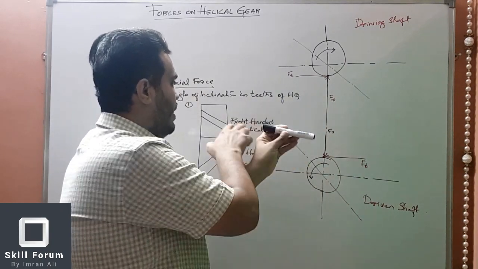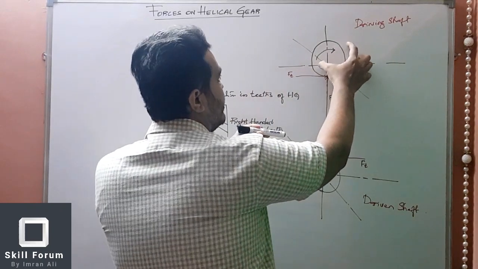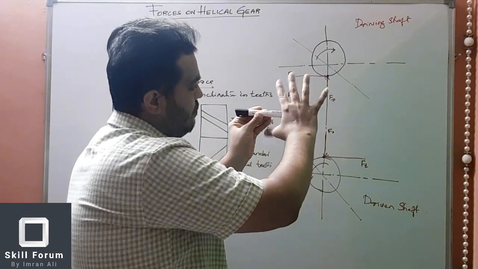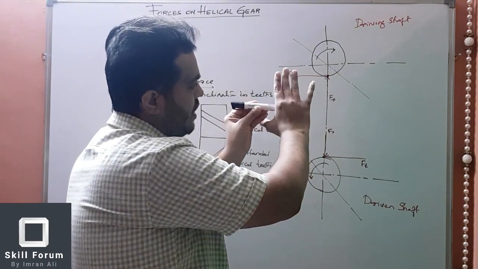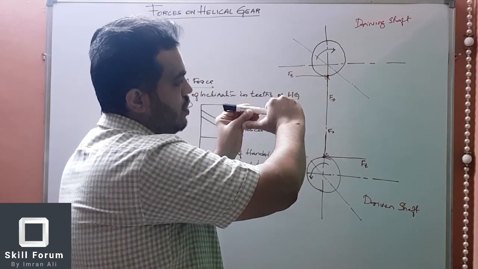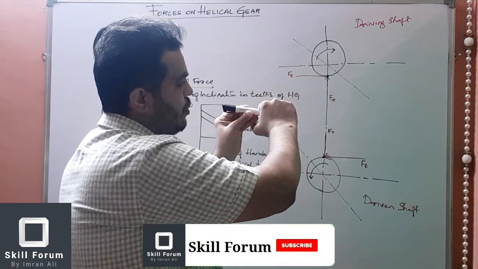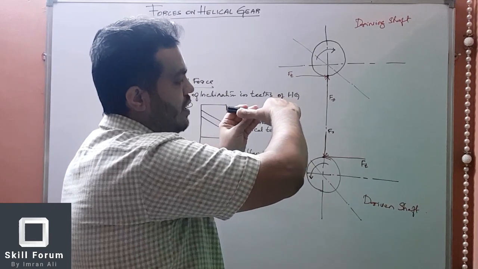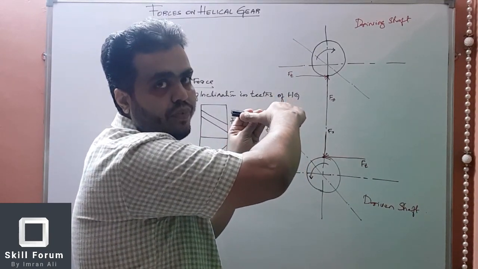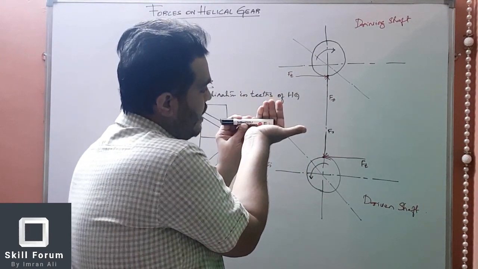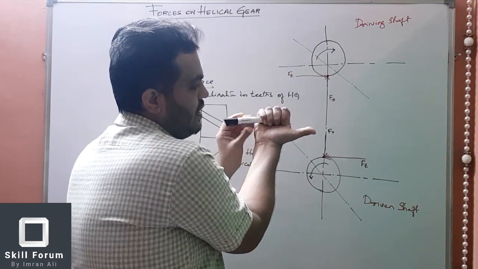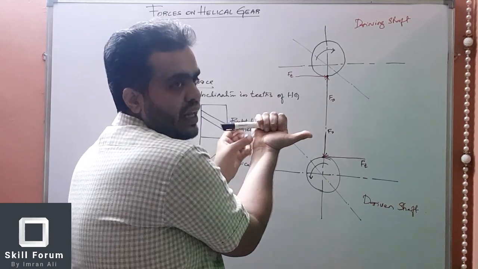So here I am going to consider this as a driving shaft, right? If you want to rotate this shaft using the right hand, the forefinger direction will be your direction of rotation, and the thumb direction will be your axial force direction. If I am rotating this in clockwise direction, towards this forefinger direction, the direction of your thumb will be to the right side, right?